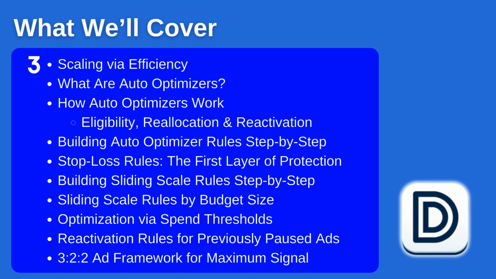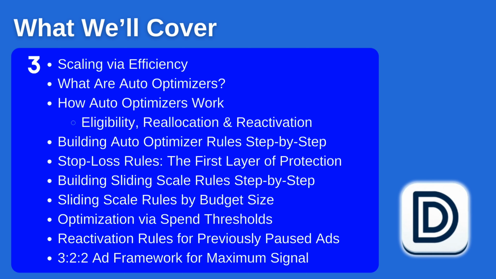Why automated rules matter. Let's be honest, day trading ads is dead. Manual media buying, known as day trading, is more and more becoming obsolete as advertisers shift towards automation for efficiency and scalability. Not only is this highly volatile, but also incredibly labor intensive with increasingly lesser benefit, if any.